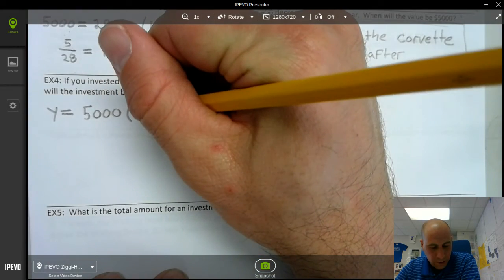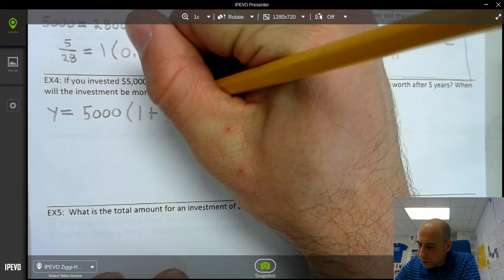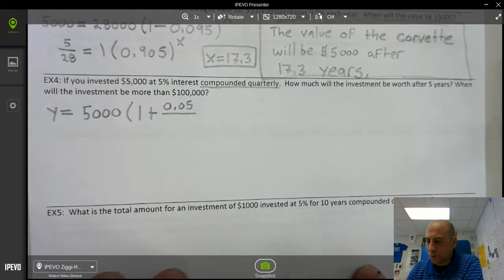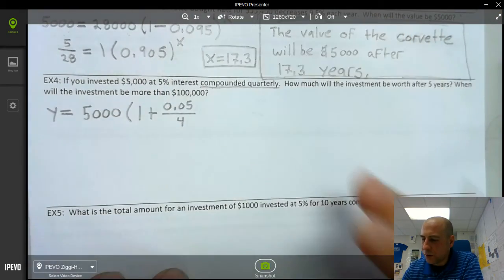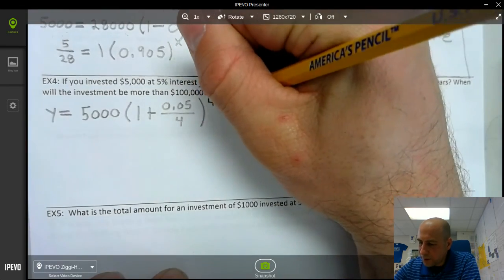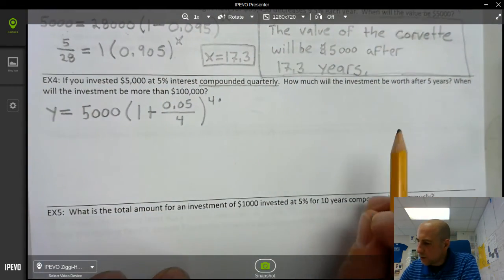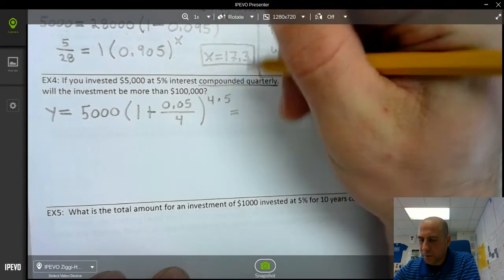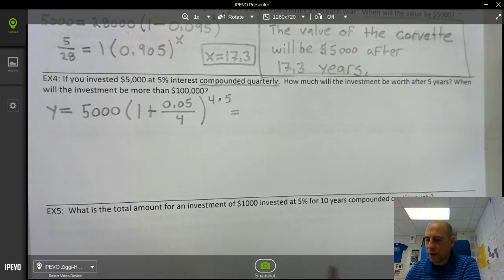So that's 1 plus 0.05. Quarterly is 4. Think 4 quarters in a dollar. So 4 raised to the 4 times, in this case, 5 years. All right. And again, I already showed you in example 1 how to put that in the calculator. So let's just plug that in.